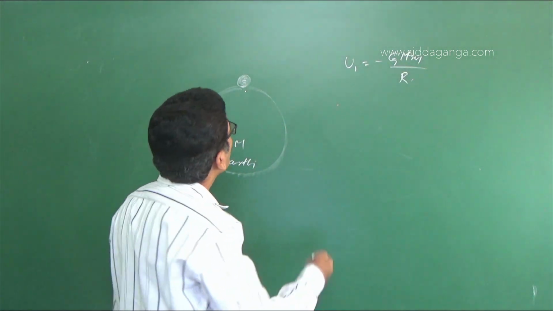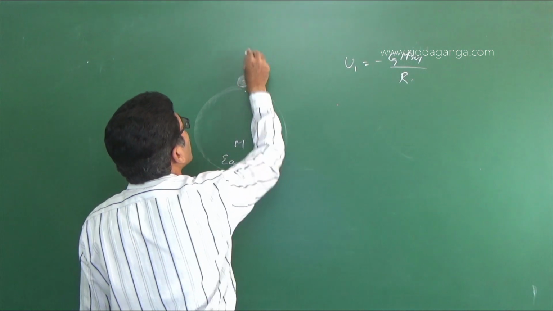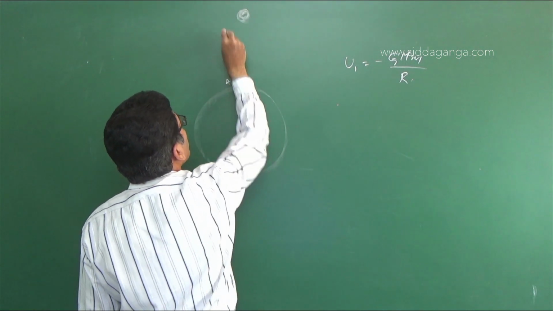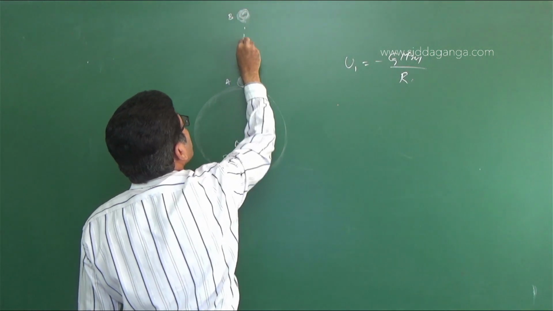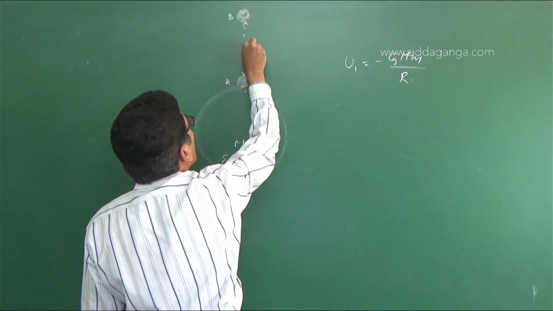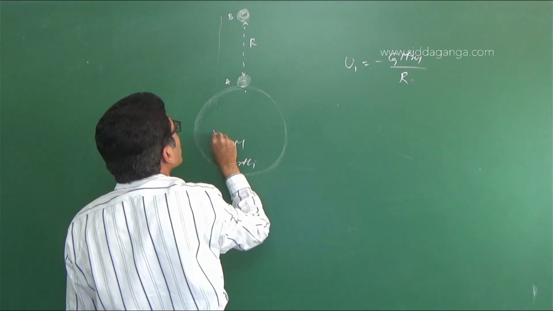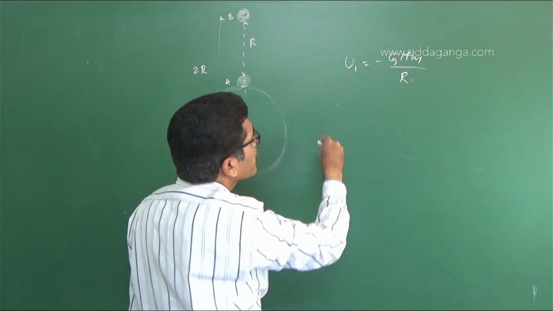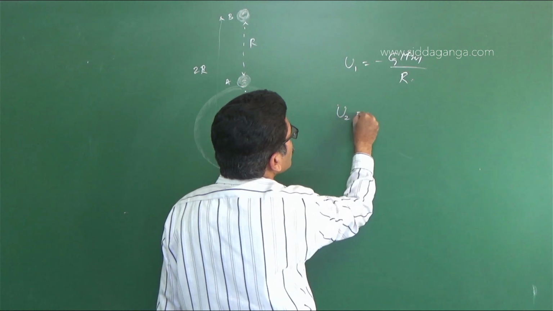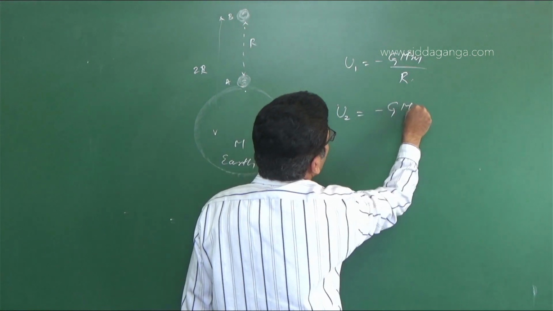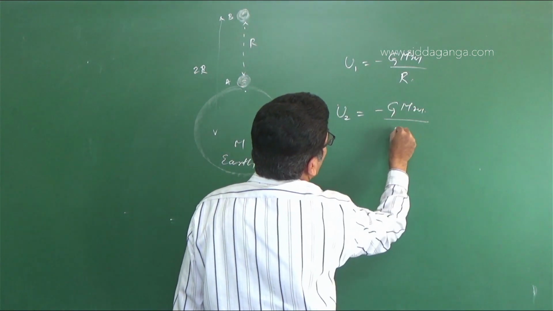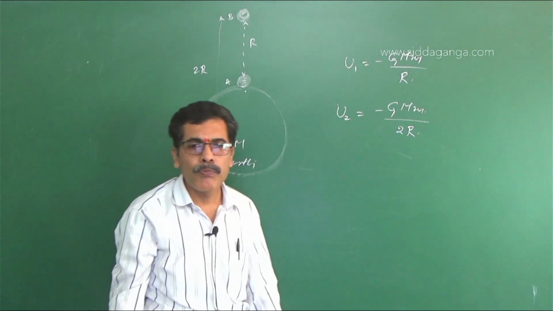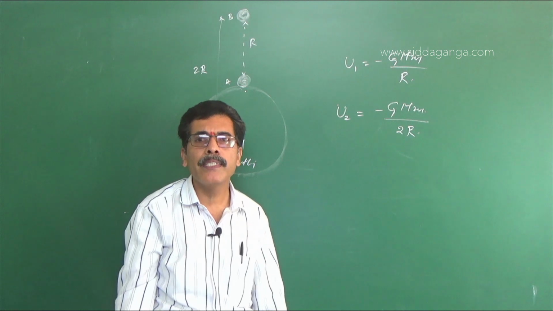Now you are shifting this object to some other height, from A to B. This distance is also equal to R. Therefore, the distance from the center becomes 2R. So in this case, the potential energy U2 is equal to minus GMm by 2R. You know that work done is given by the change in potential energy.